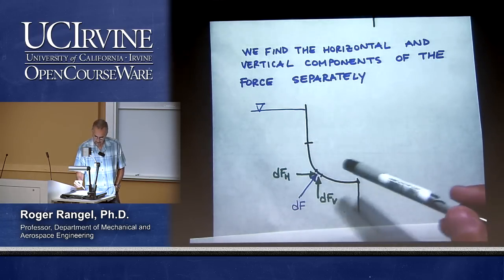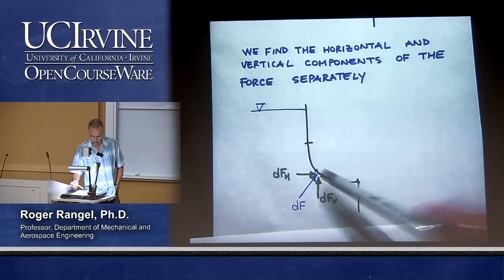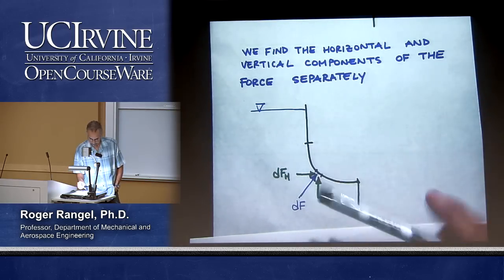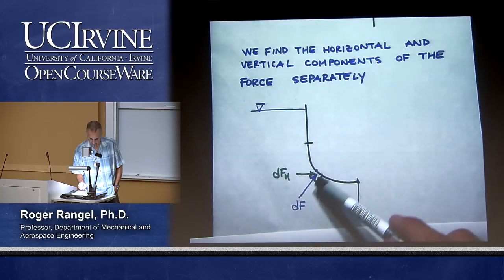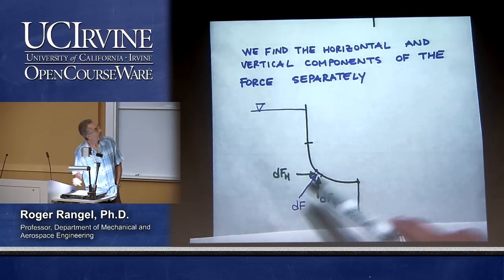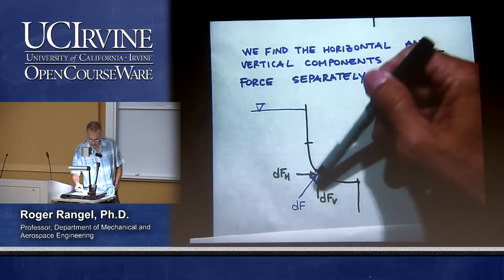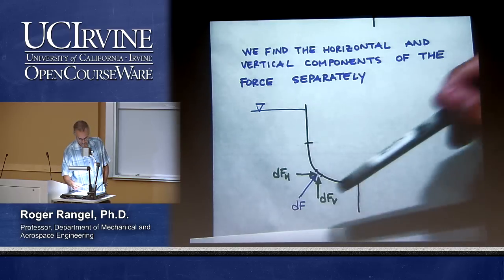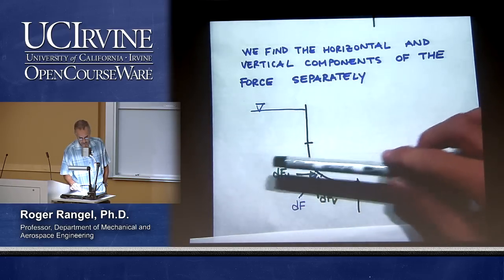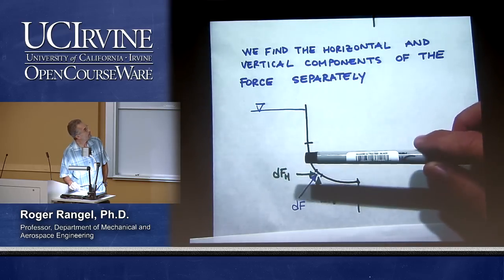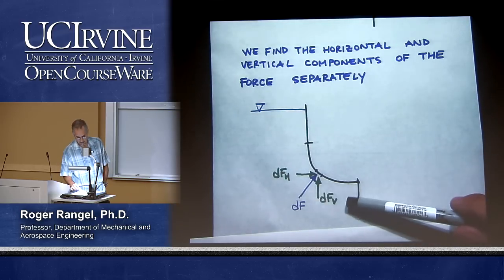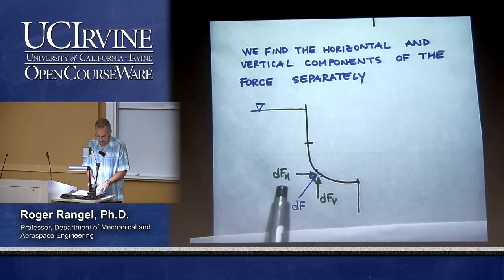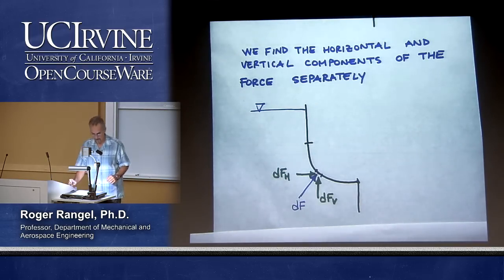But if we look at only an element of that surface that I have highlighted here in this schematic, then I have the differential force dF that acts normal to that portion of the surface, and I have decomposed that differential force into two components, the horizontal one that I call dF sub h, and the vertical one that I call dF sub v. And I'm going to set out then to find those two forces separately.